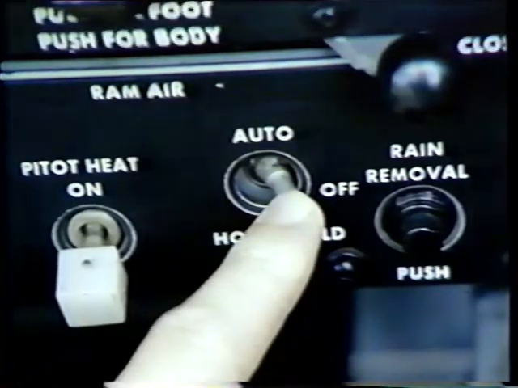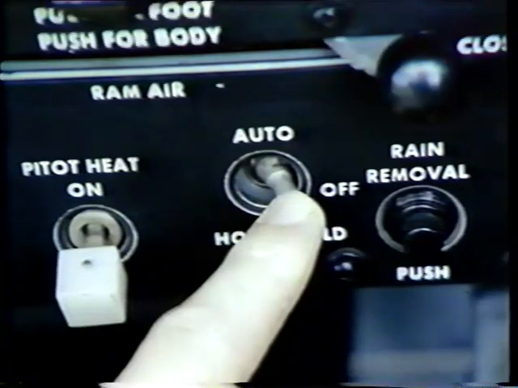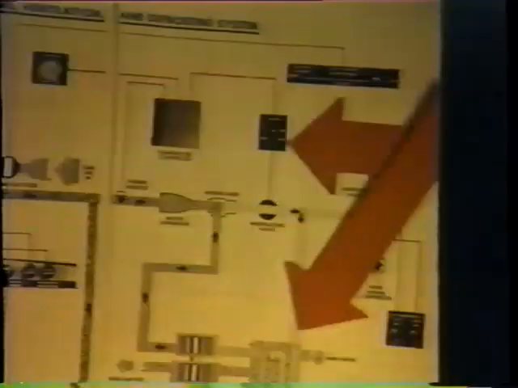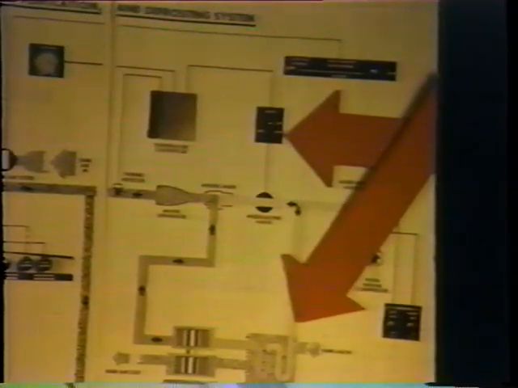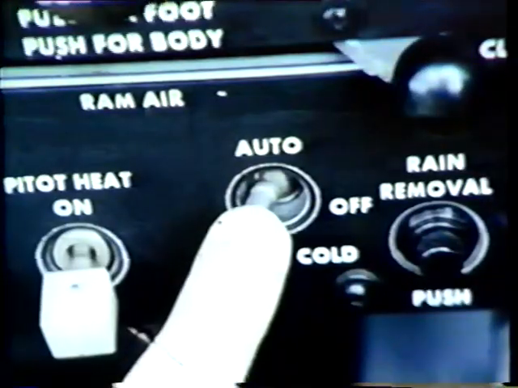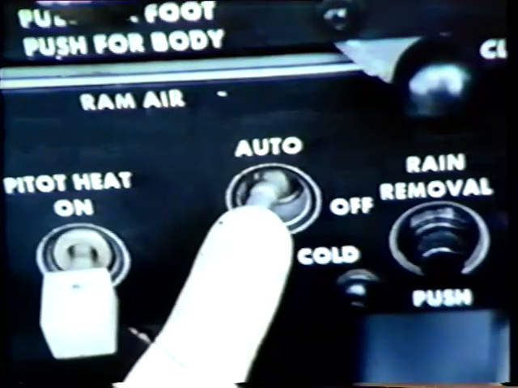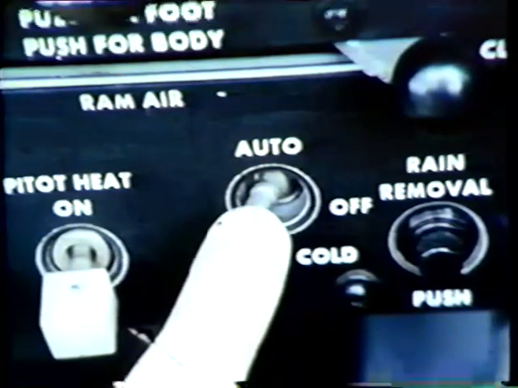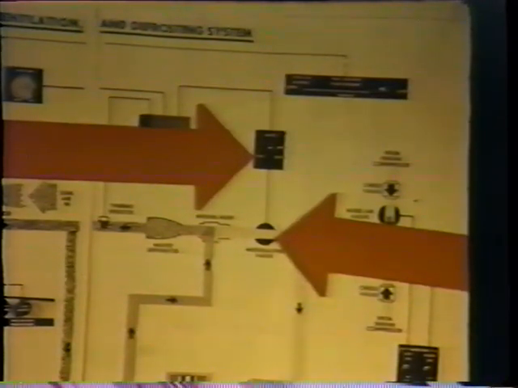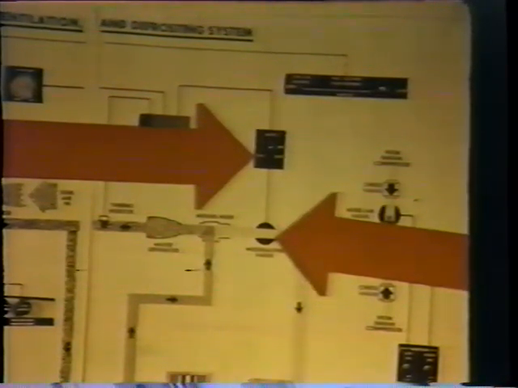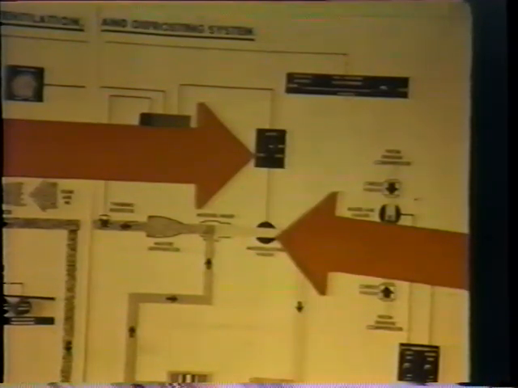Positioning the cockpit temperature control switch to the full cold position moves the modulating valve to direct all bleed air through the heat exchanger and refrigeration unit. The hot position will allow the maximum amount of air to bypass the heat exchanger and refrigeration unit.